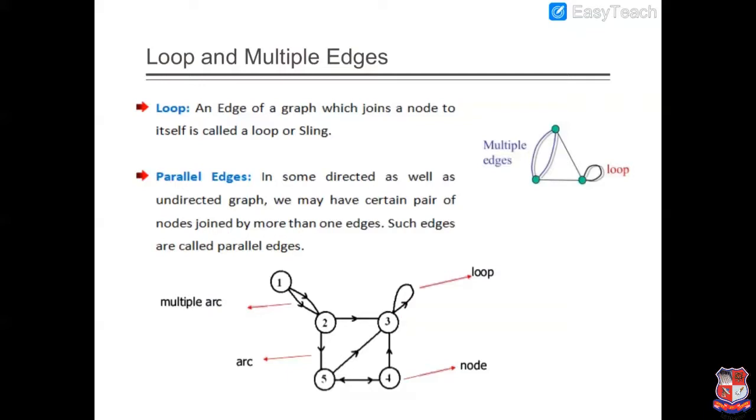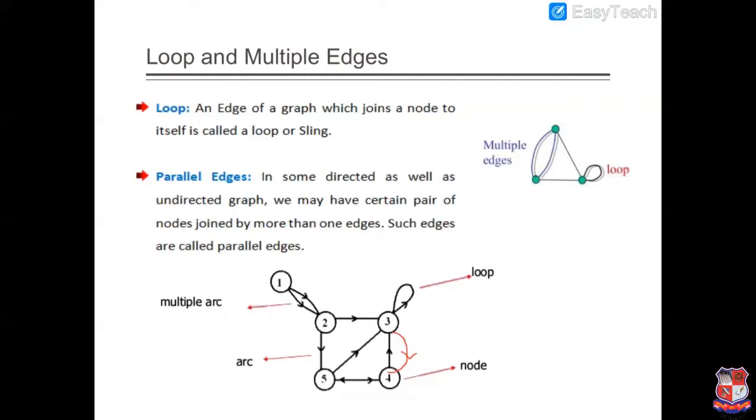If there are two edges between vertices 3 and 4, but they have opposite directions like this, then these two edges are not parallel edges because they have different directions, and these two edges are considered as different or distinct edges, but not parallel edges.